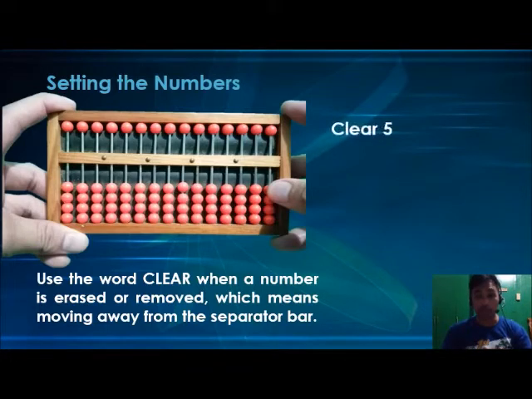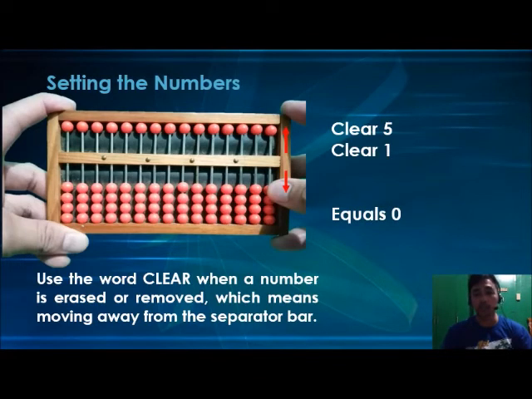Example, clear 5. So look for number 5 and clear 5. Slide up away from the separator. Then clear 1. So look for number 1, then slide it away from the separator bar, downward. So clear 1.